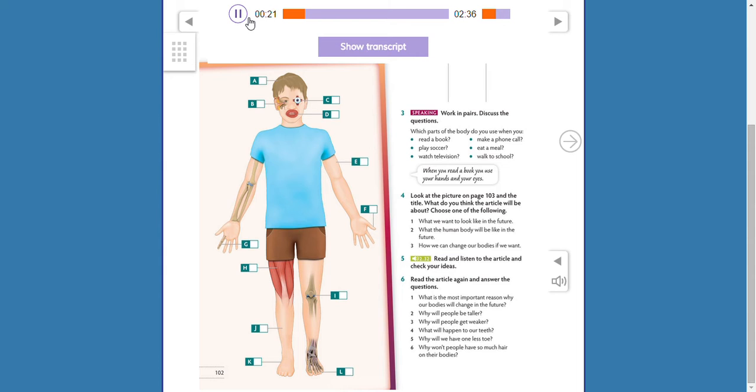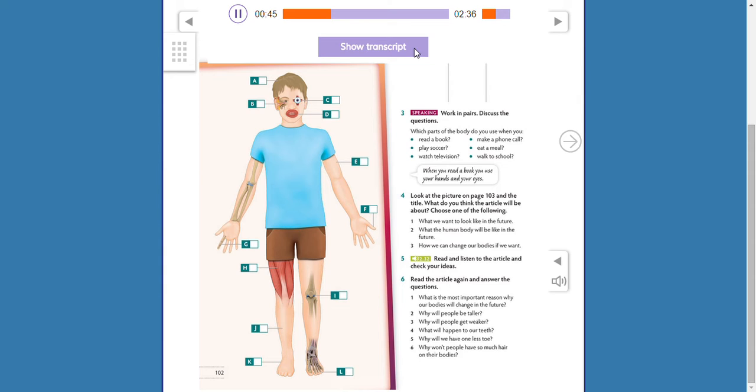Over time, the human body changes to adapt to a new way of life. Can we expect the human body to change in the future? For sure. And the main reason is technology. It is changing how we live. What kind of changes can we expect? Here are some possibilities.